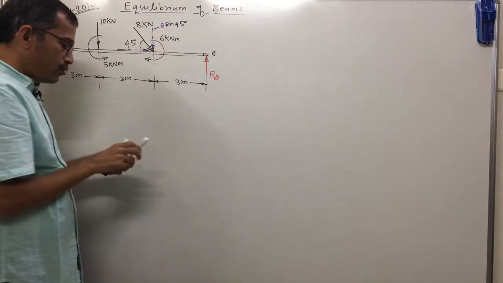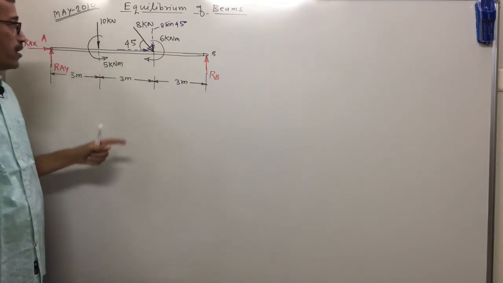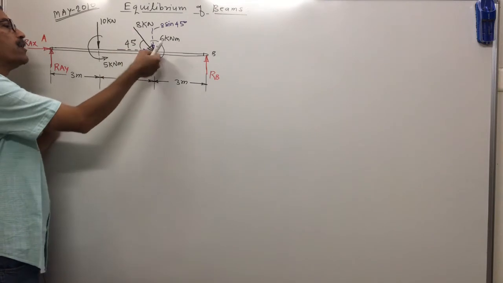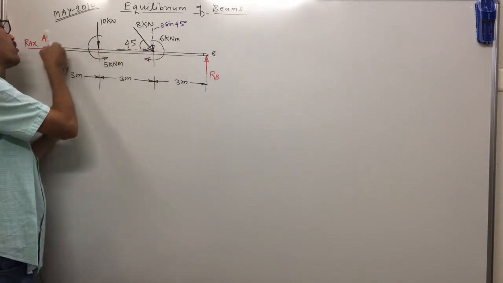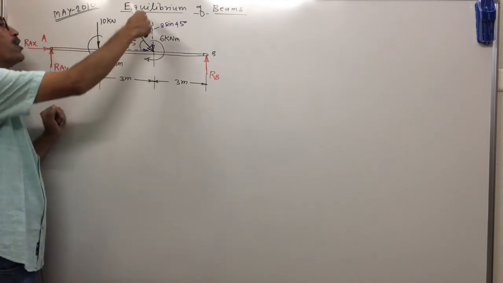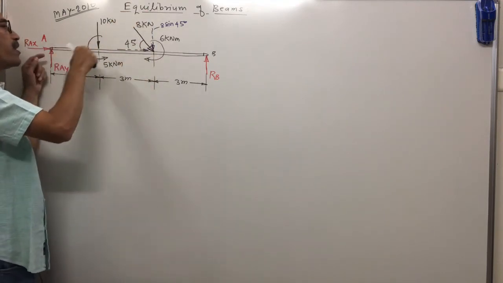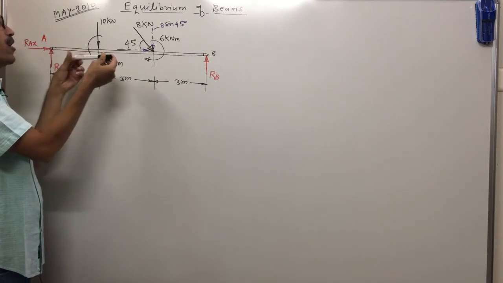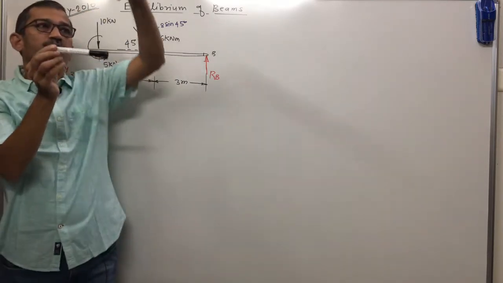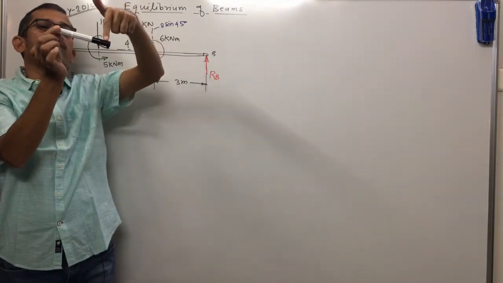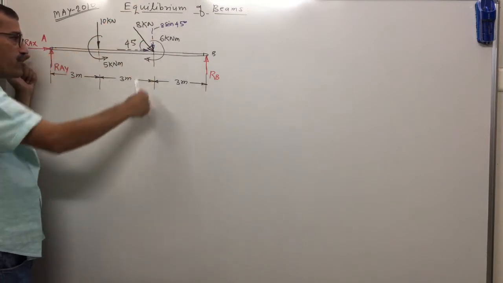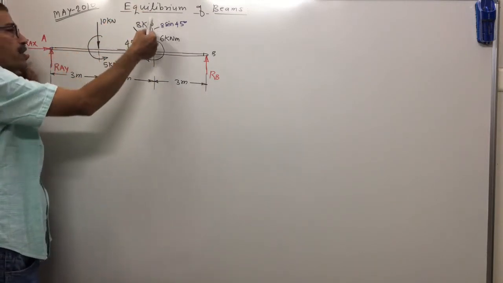Line of action of the horizontal component passes through A, so the moment of the horizontal component is 0. Moment of the vertical component about point A: how will we decide? Holding the horizontal bar, 8 sin 45 is in which direction? 8 sin 45 is downward. How will the pen rotate? Clockwise.